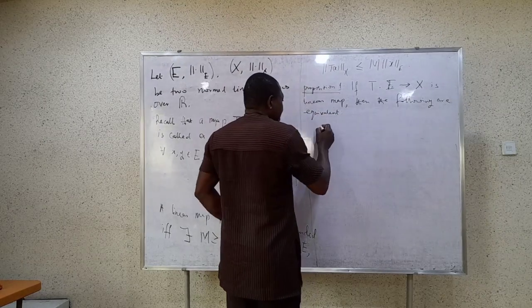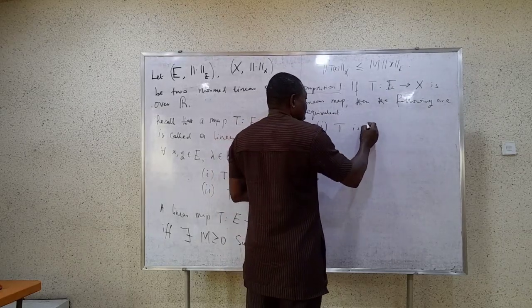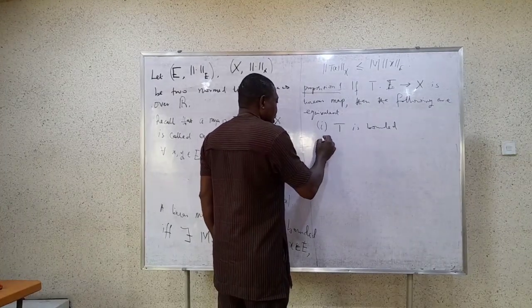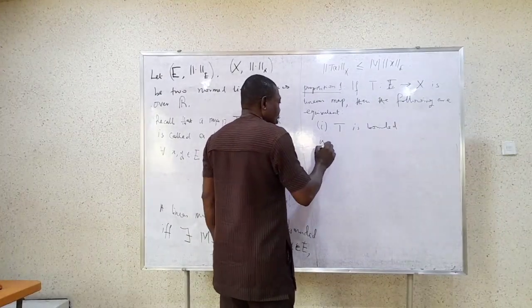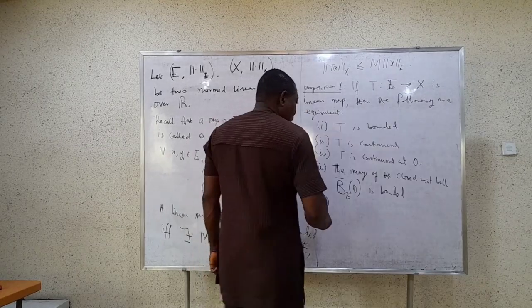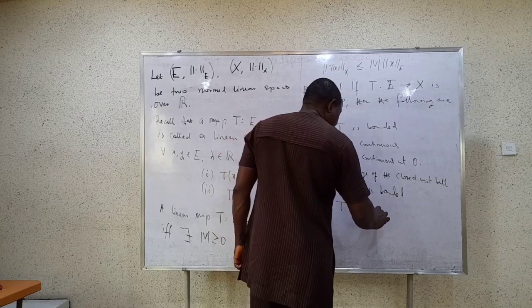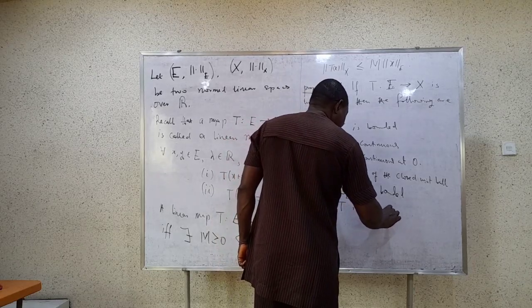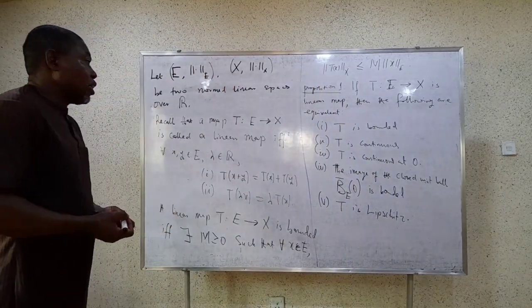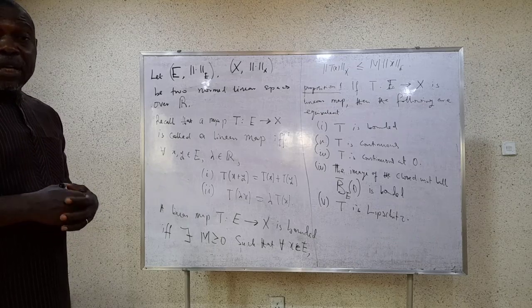What are they? Number one is that T is bounded. Number two is that T is continuous, or T is Lipschitz. So these properties are the same. That is, they mean the same thing for a linear map.